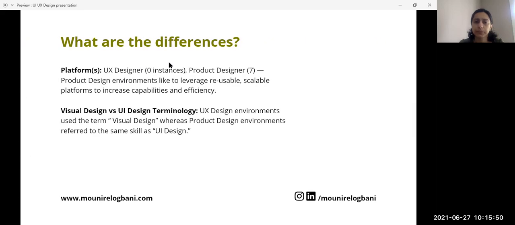So also in the platform, while product design is much more about leveraging the reusability and scalability of the platform, I mean the design, to increase capability and efficiency.